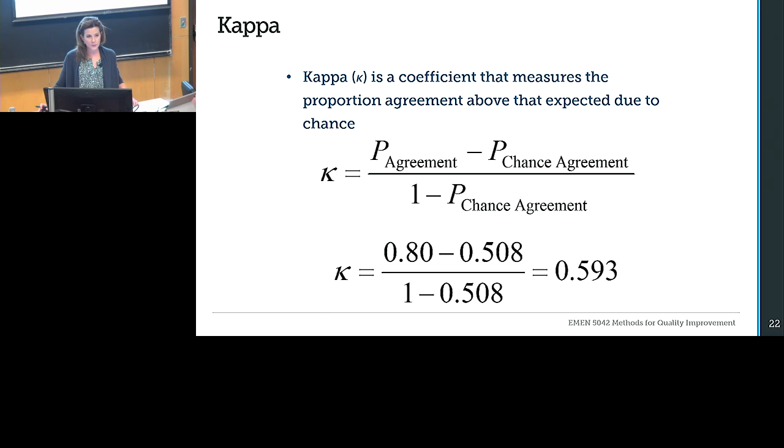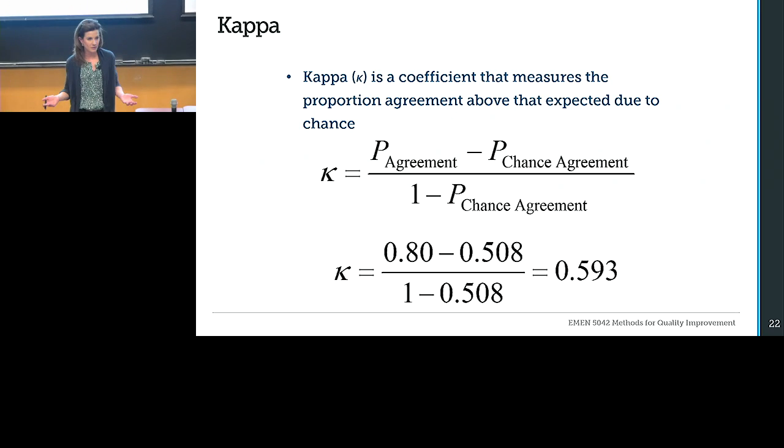And so the statistic we use to measure that is something called Kappa. And really this is just the proportion of overall agreement, minus the chance agreement, over 1 minus the chance agreement. So it measures the proportion of agreement that's above that expected due to chance and chance alone. Because you could have agreement with just chance. Let's say we were measuring color somehow.